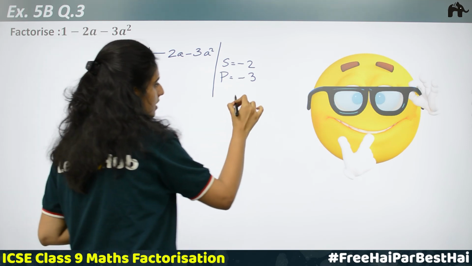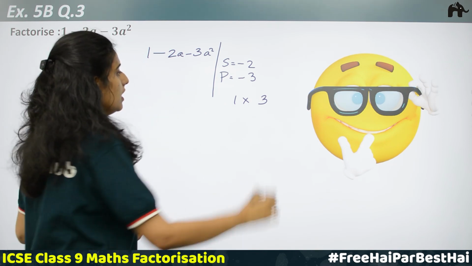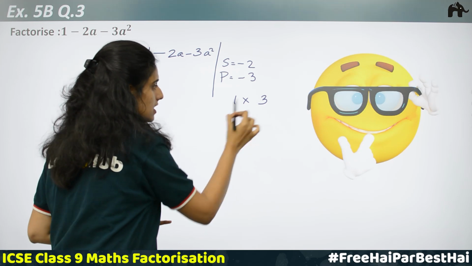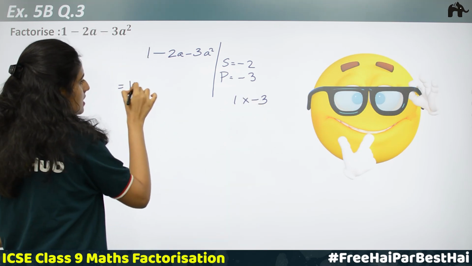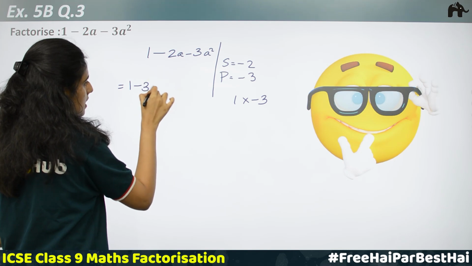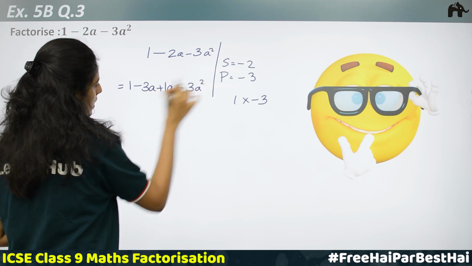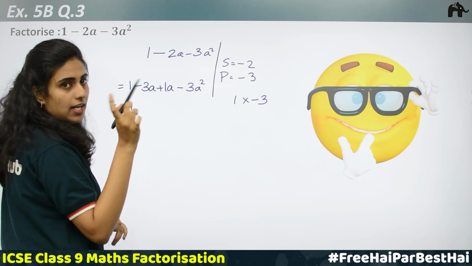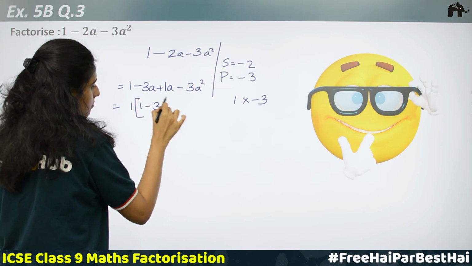So to get 3, the only possibility is 1 into 3. One number should be negative, that is, the greater number should be negative. Here 3 is greater, so 3 will be negative. Now splitting, we get 1 minus 3a plus 1a minus 3a square. This is equal to, here you can see only 1 is common, taking out, then we have 1 minus 3a.